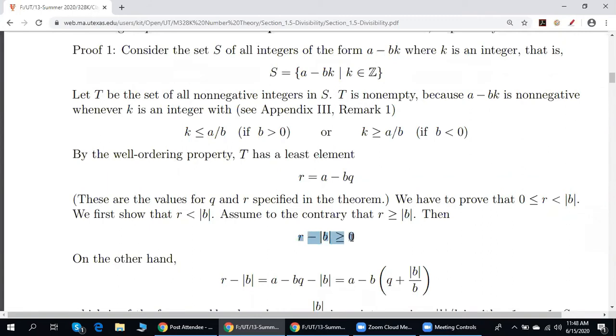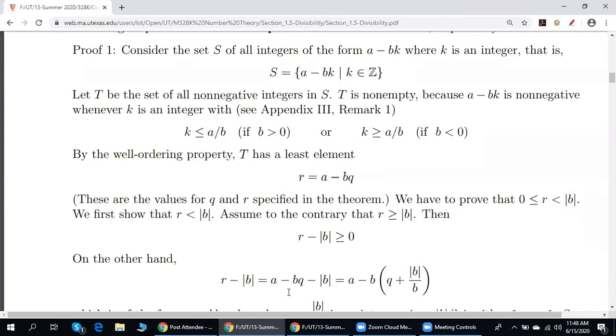Done. Here is what we do next. Copy this over here and replace R, which is this, by A minus BQ. Done. We replace R by A minus BQ.